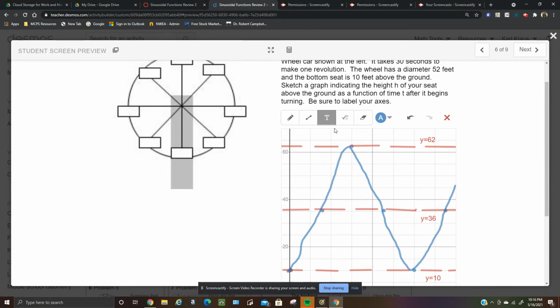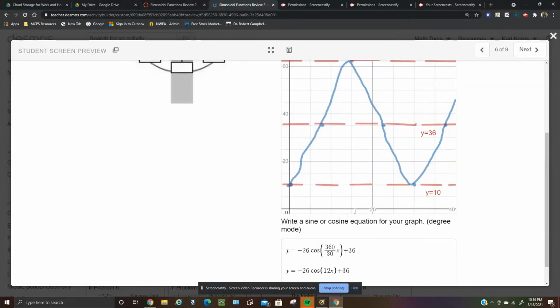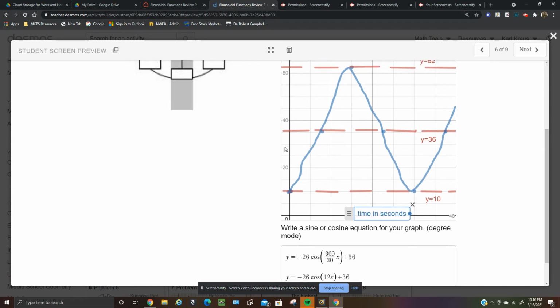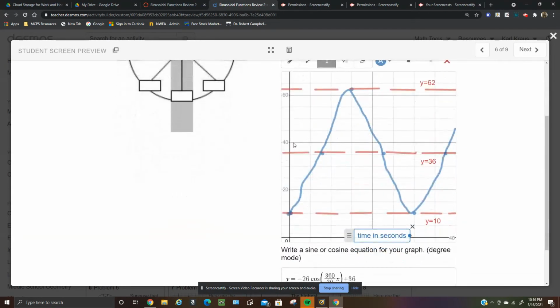I can do the x-axis for sure. So this is height in feet again. Let's see if I can put it. Yeah, I guess so.